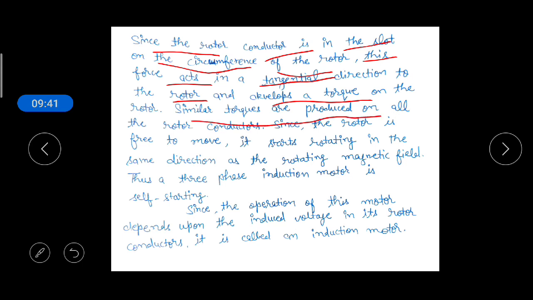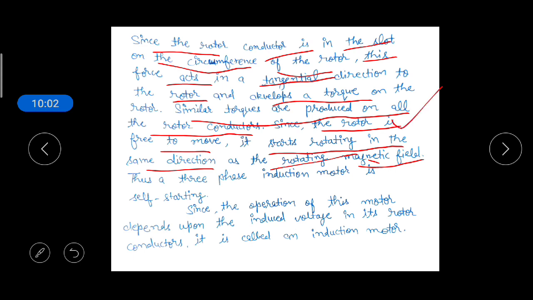Similar torques are produced on all the rotor conductors. Since the rotor is free to rotate, it will start rotating in the same direction as the rotating magnetic field.